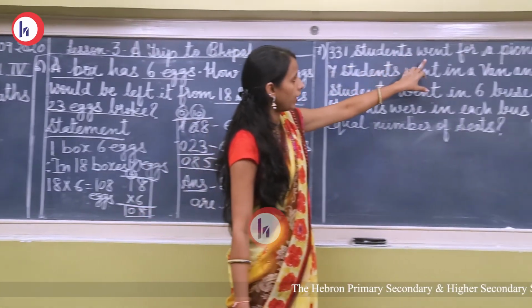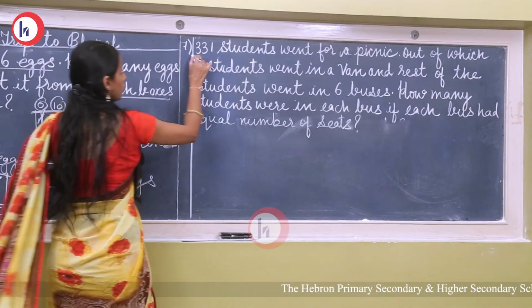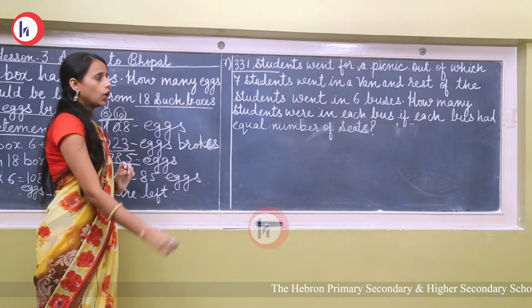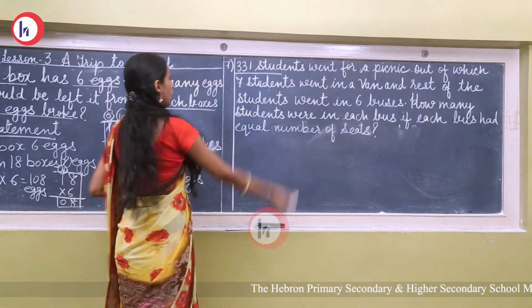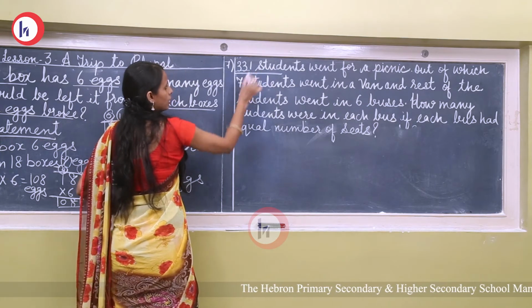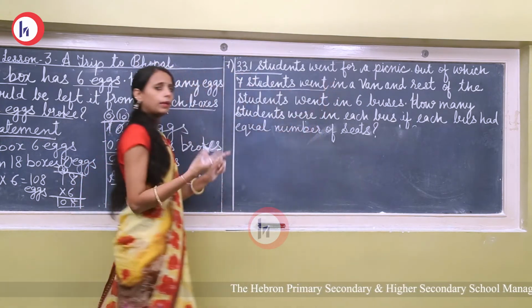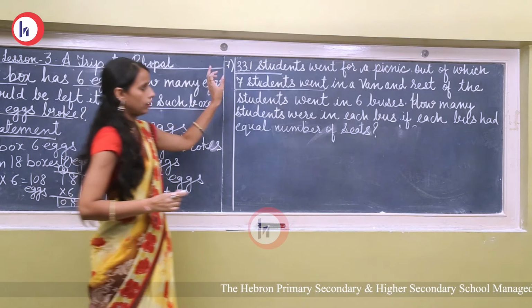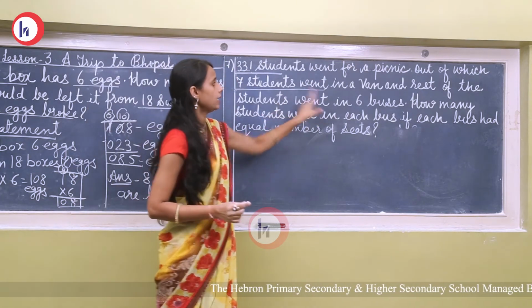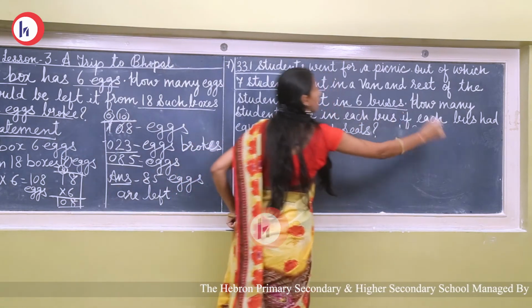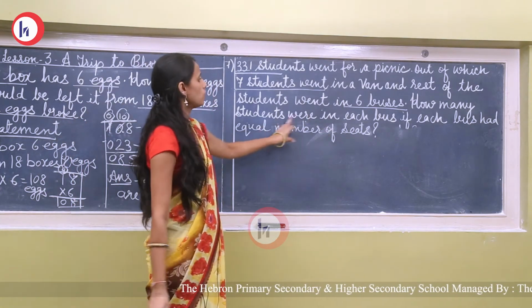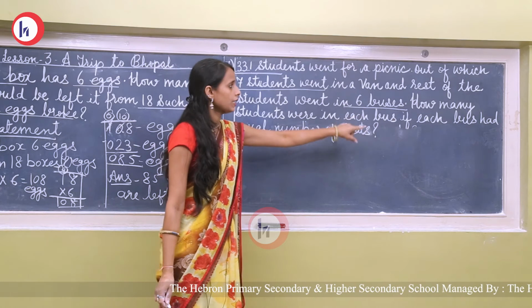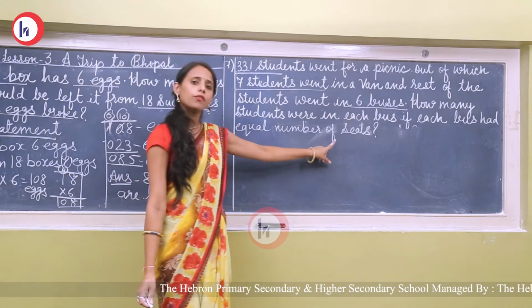Okay. Now next question. 331 students went for a picnic. How many total students are there? 331. Out of which 7 students went in a van. 331 students में से 7 students van में चले गए. They went in a van. Rest of the students went in 6 buses. How many buses are there? 6. How many students were in each bus if each bus had equal numbers of seats?